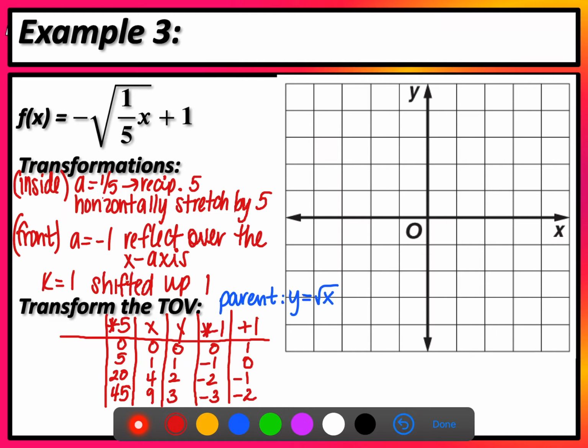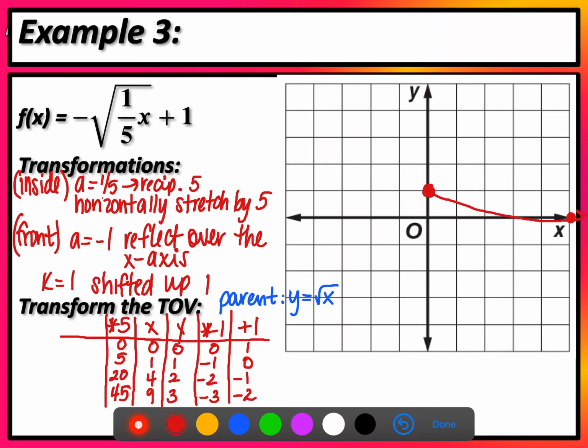Okay, and my y values. So not very many of these are going to fit. Okay, I can actually only do about 2 points. So it's 0, 1, and 5, 0. So those are really the only things that I can graph here.